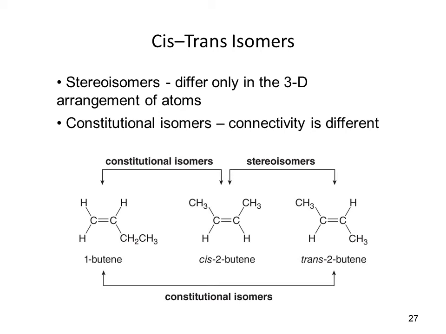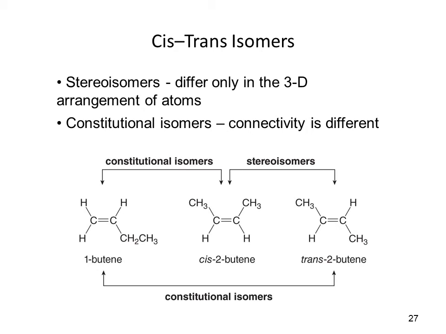Besides the cis and trans part, you name them the same thing. But with constitutional isomers, the connectivity is different, so the name is different. The only difference between cis-trans isomers in the name is the prefix of cis or trans, and then the three-dimensional arrangement of atoms that results because of that.